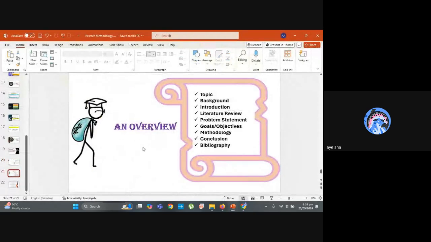Now, just an overview of how your proposal should look, or what the headings would be, based on what we have discussed so far. First one would be the topic. For example, our major interest was forestry, right? And in forestry, we were looking at the degradation of Margalla Hills.